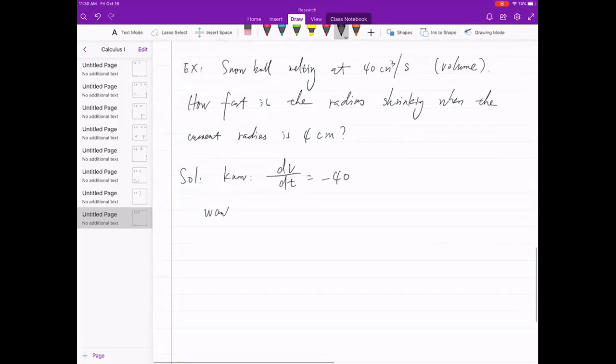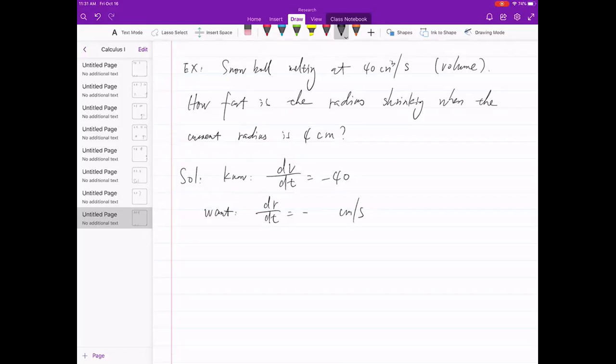What do I want? I want dr over dt. How fast is the radius shrinking? I know it's negative for sure. I know it's going to be centimeters per second, not cubic centimeters. But I don't know the exact number so easily.